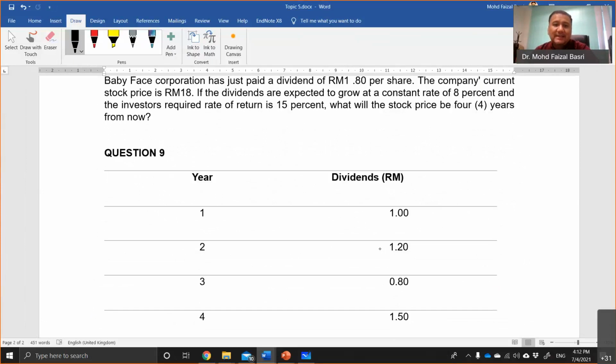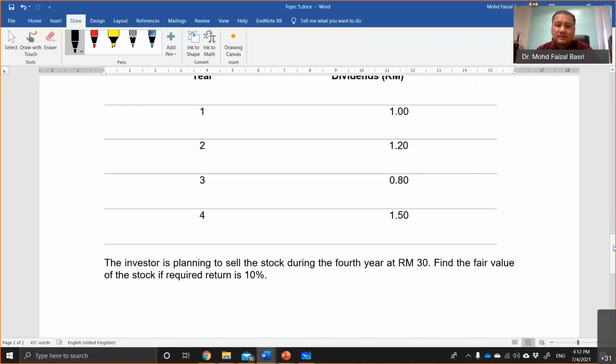This indicates inconstant dividend because the dividend is different every year. The formula would be the same as before. The investor is planning to sell the stock during the 4th year, meaning our N would be 4, and this 30 ringgit is our selling price.